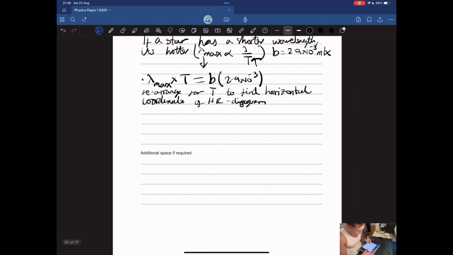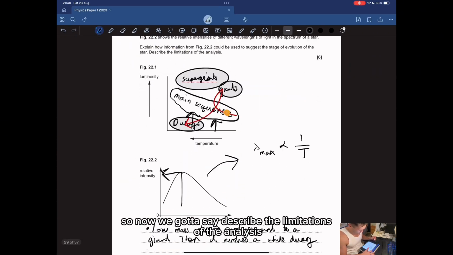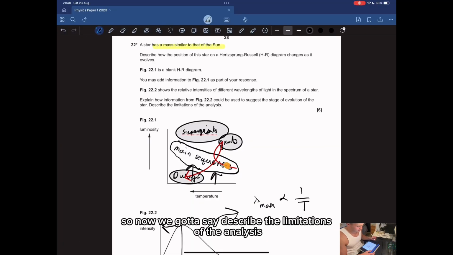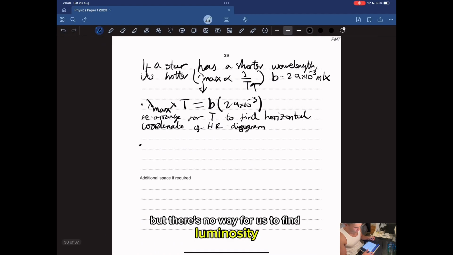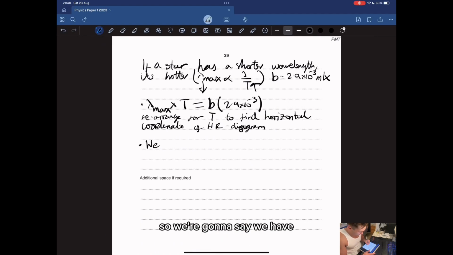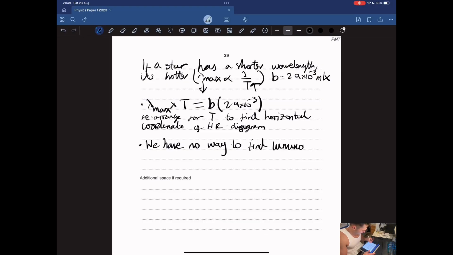So now we've got to describe the limitations of the analysis. So we have the horizontal, the x coordinate of the graph, but there's no way for us to find the luminosity. So we're going to say we have no way to find luminosity.